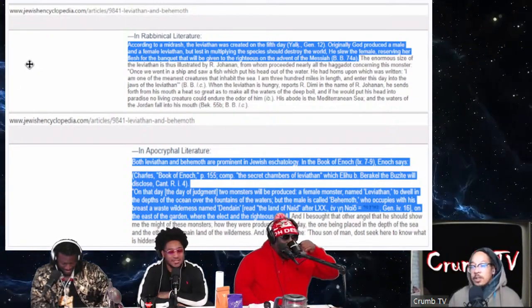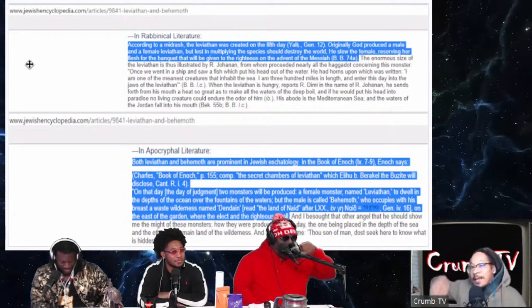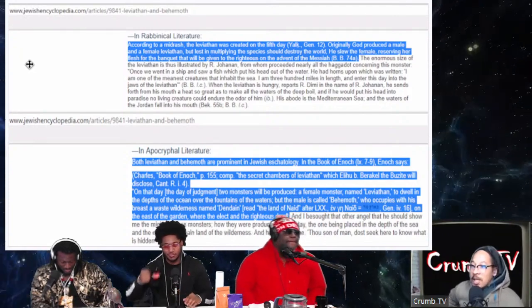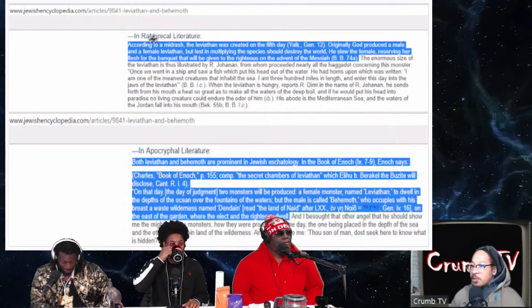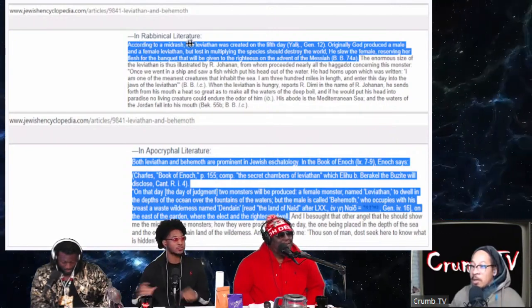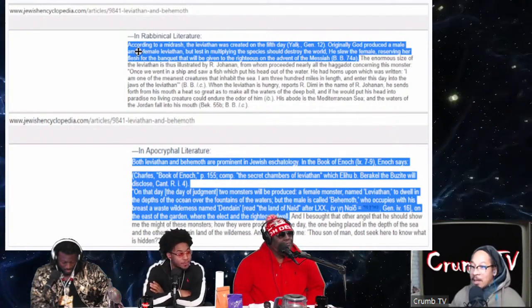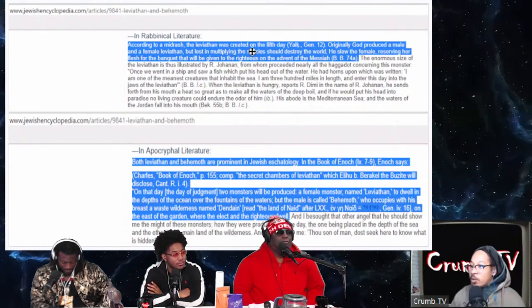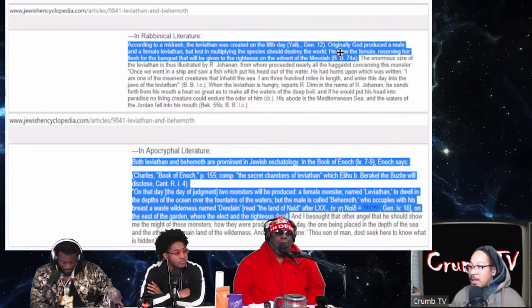Let's go. So this is, again, the Jewish encyclopedia as the source material. And the first blurb is in rabbinical literature. According to the Midrash, the Leviathan was created on the fifth day.